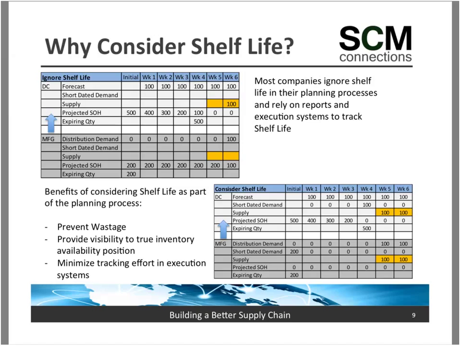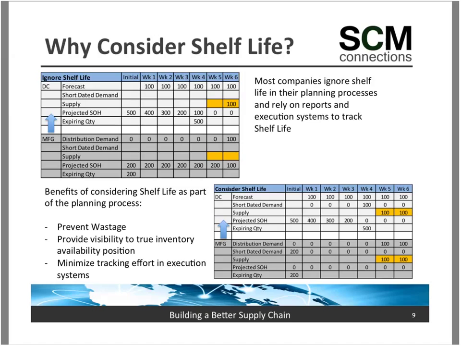However, from a planning standpoint, you do want to minimize the wastage that could potentially occur, and you want to try and get product out to the customer sooner if you can, depending on what some of the minimum shelf life requirements are.